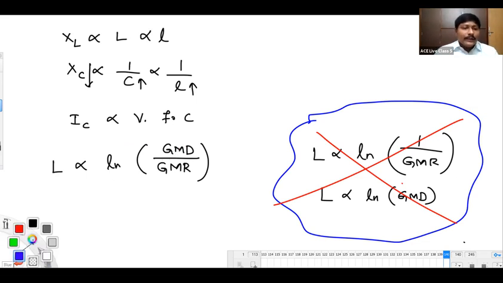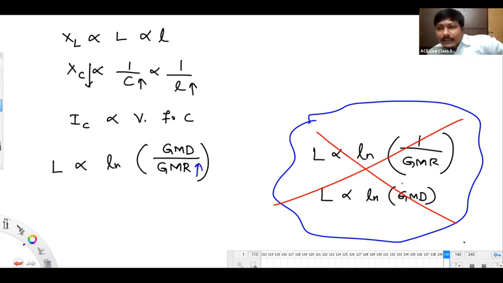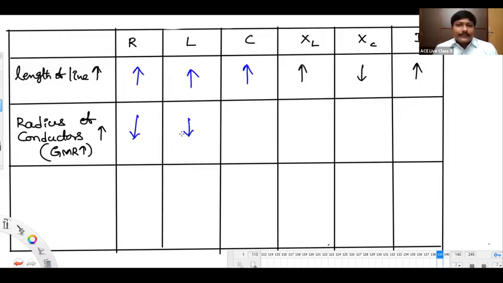Now if GMR is increasing because of increment in the size of conductor, GMD by GMR will decrease. So inductance value will be decreasing now. So I can say L value decreases.